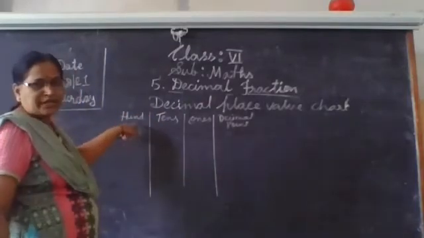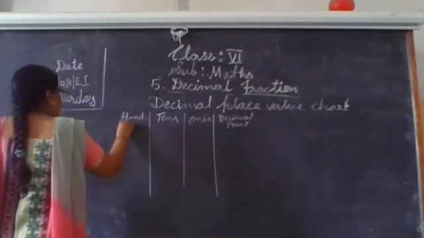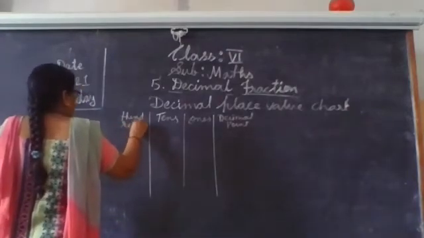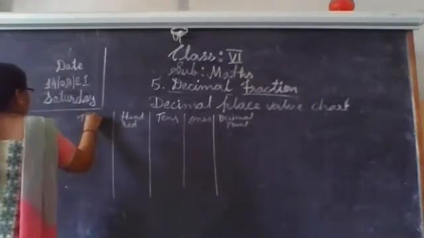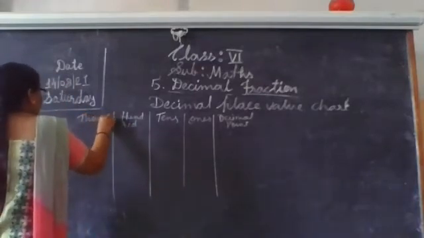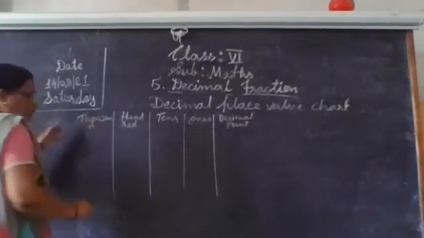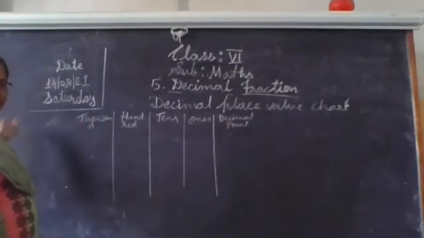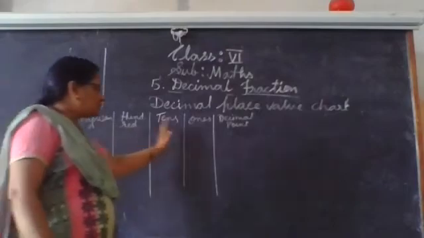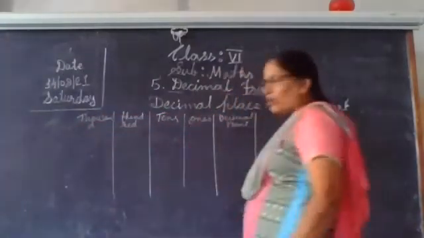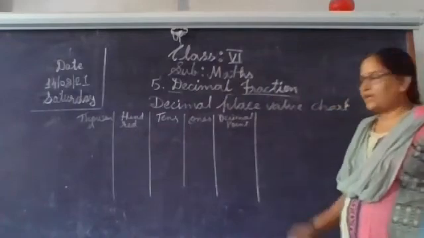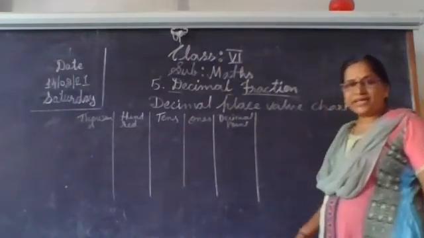Spelling HUNDRED. And then thousand, 10,000, lakh, 10 lakh, and so on. Now see here. After the decimal point, the first place is tenths.